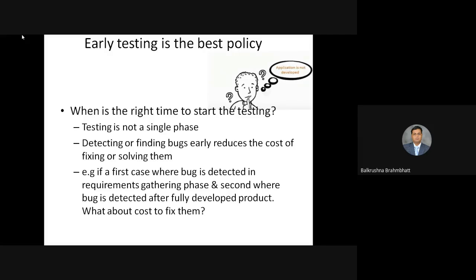So if the SRS is incorrect or incomplete, it affects the design of the database and forms, and it also affects the coding, because everything is given as incomplete or incorrect. Then the coding may be wrong. And after coding, if you test the program or module, you will realize that it is not working according to the user's requirements.